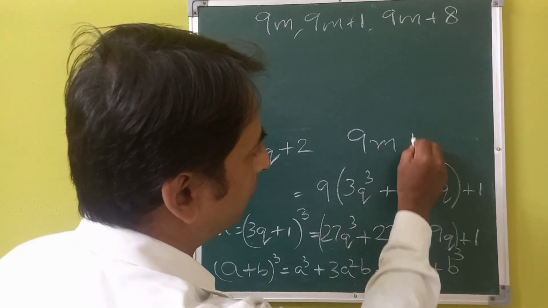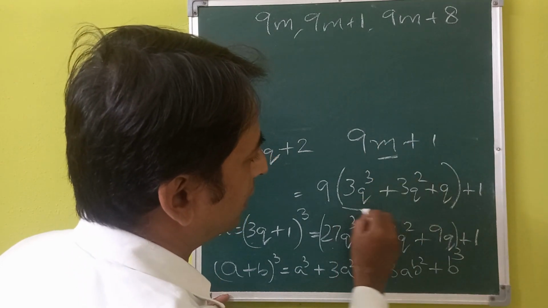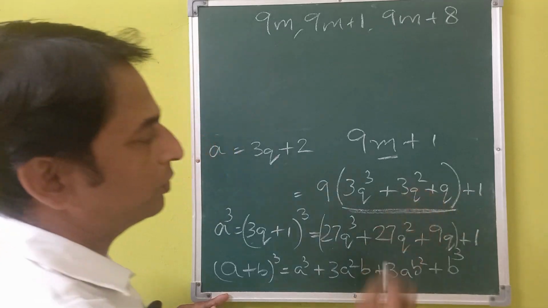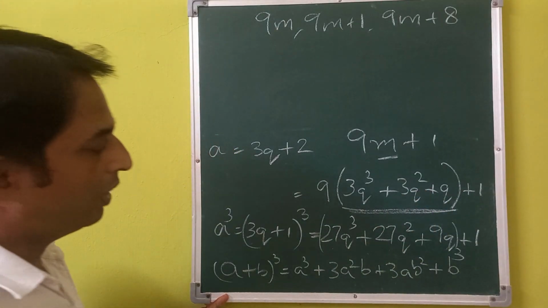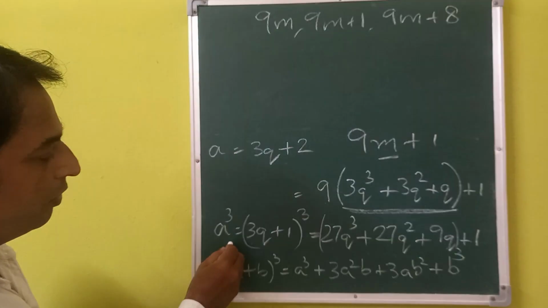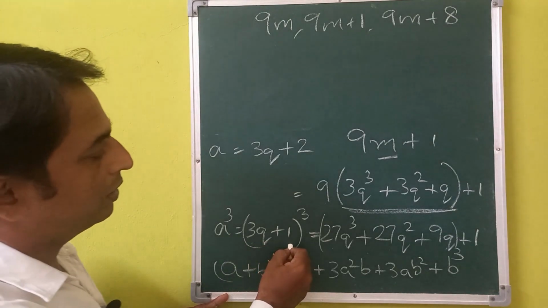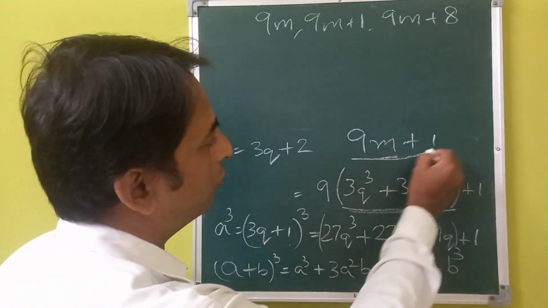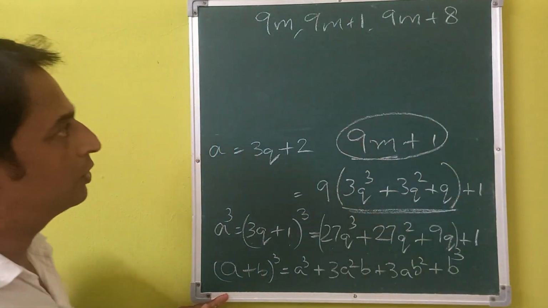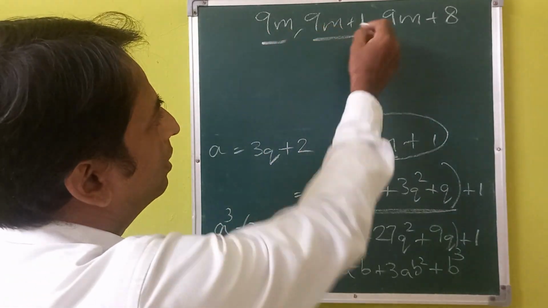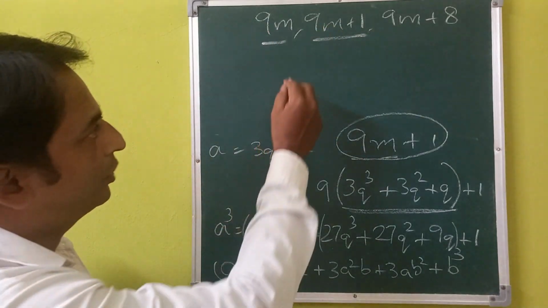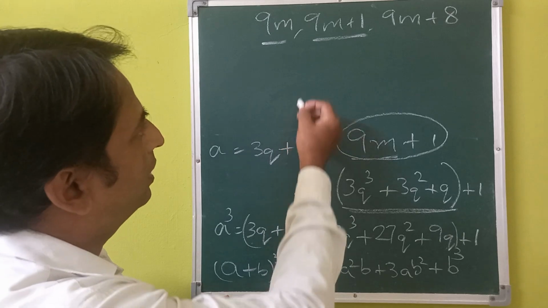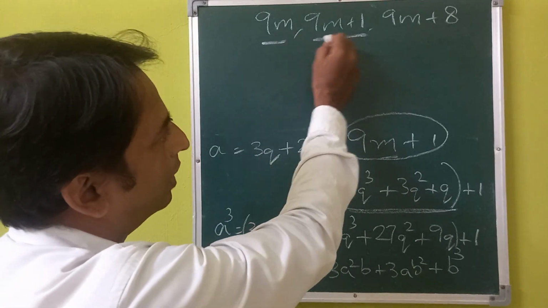That is 9m plus 1, where m is 3q cube plus 3q square plus q. So we have written the cube of 3q plus 1 in the form of 9m plus 1. So we have written the cube of a positive integer either in the form of 9m or 9m plus 1.